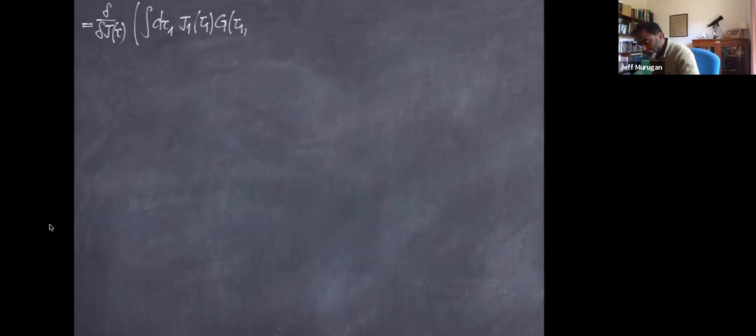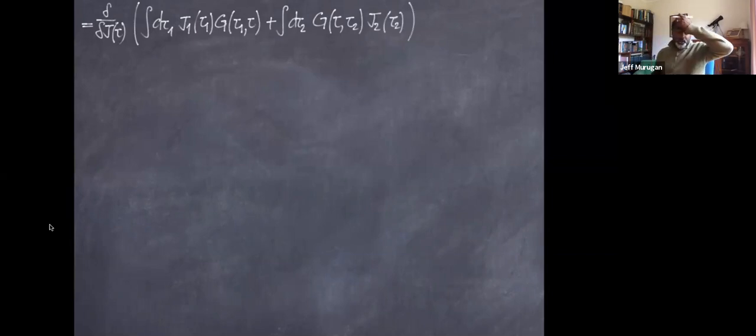So the expression then is that this is equal to delta by delta j of tau on the integral with respect to tau 1 of j1 of tau 1 g of tau 1, tau, plus an integral with respect to tau 2 of g of tau 2, j2 of tau 2, which is, now I do the same thing, take the delta into these integrals, and exactly the same thing happens.